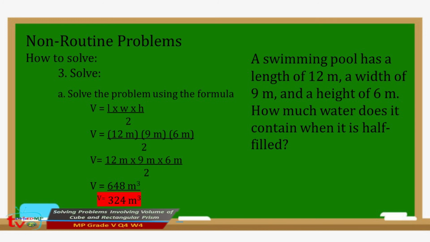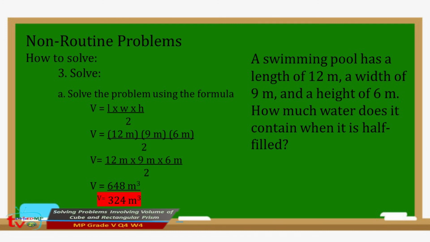If we compute that, we get 648 cubic meters divided by 2. Right, so when we divide 648 cubic meters by 2, we arrive at 324 cubic meters.